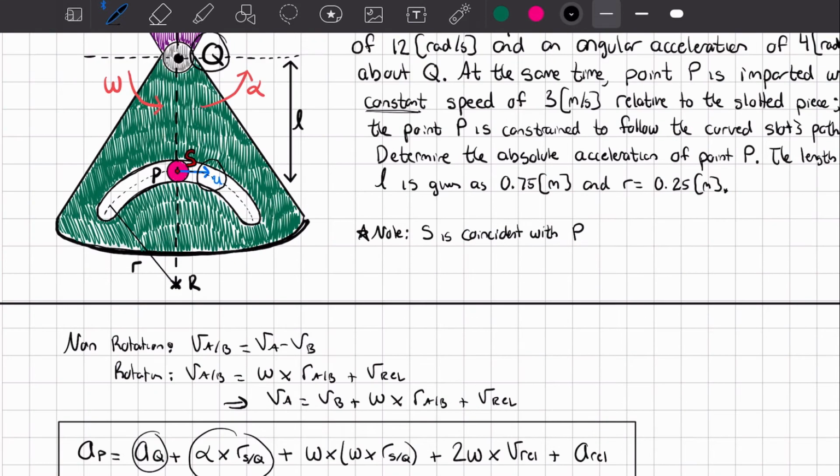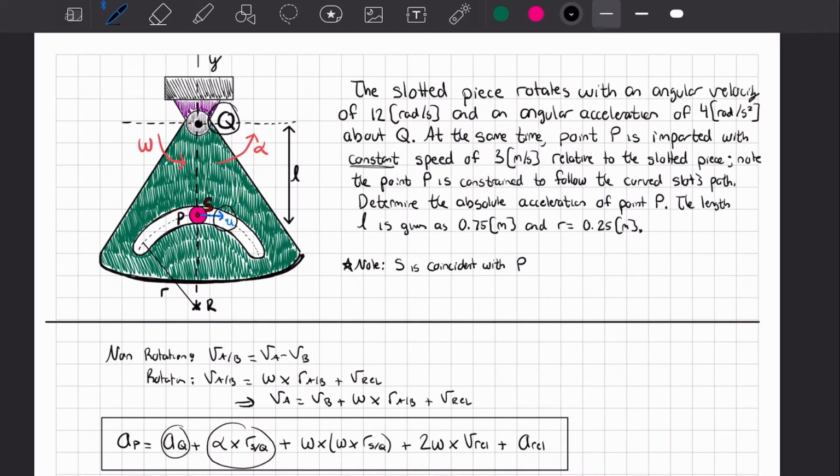Alpha cross r_SQ, that's the tangential acceleration of some coincident point S, as you can see I drew in the picture, in circular motion with respect to point Q. We have omega cross omega cross r, and that's the normal acceleration of the coincident point S, which is in circular motion with respect to point Q.